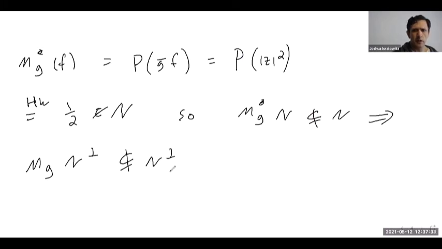So N does not reduce M_G. It's an invariant subspace, but it does not reduce.